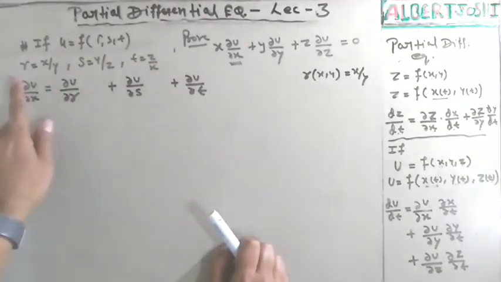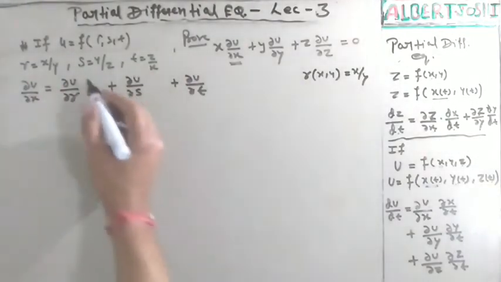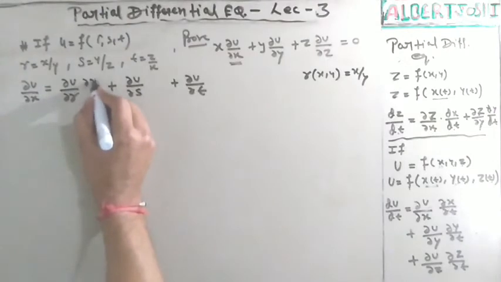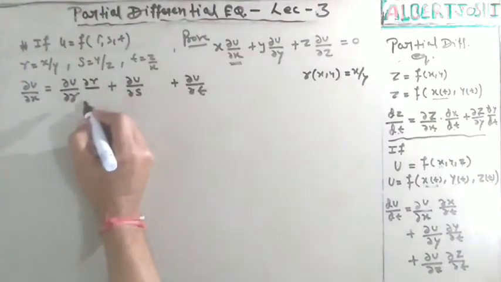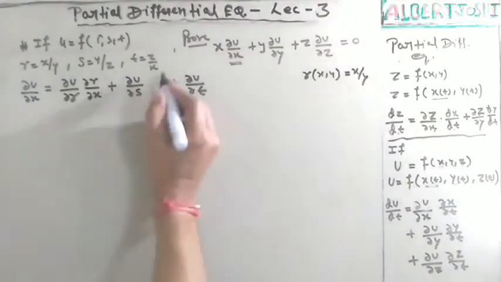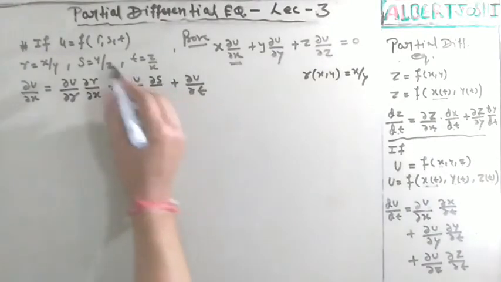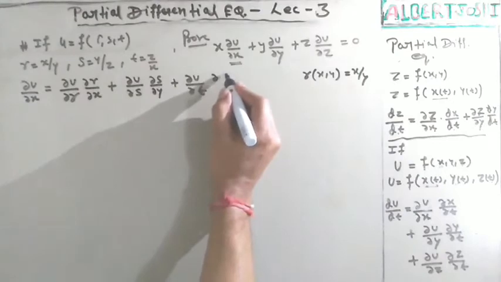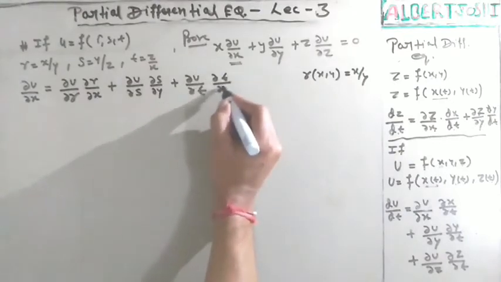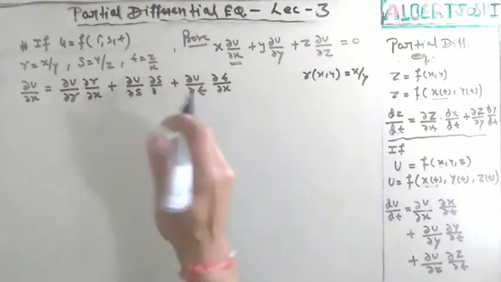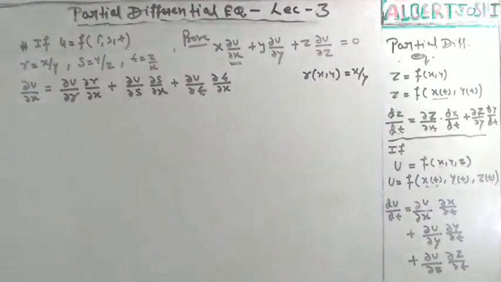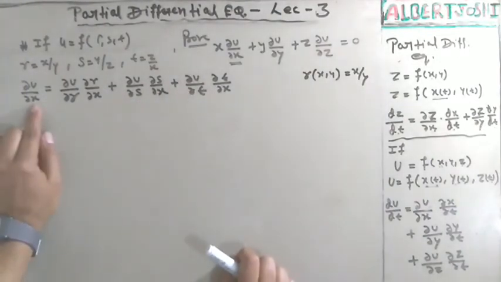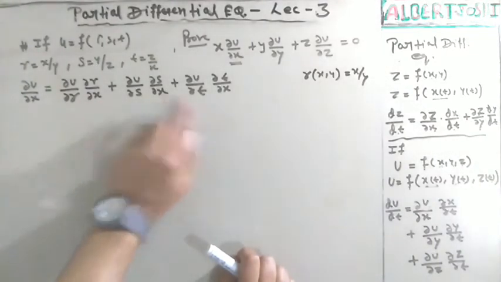So whenever you have a multiple valued function, you will differentiate this r also with respect to x, this s also with respect to y, and this t also with respect to x. We have to differentiate with respect to x, so every time we are using x.